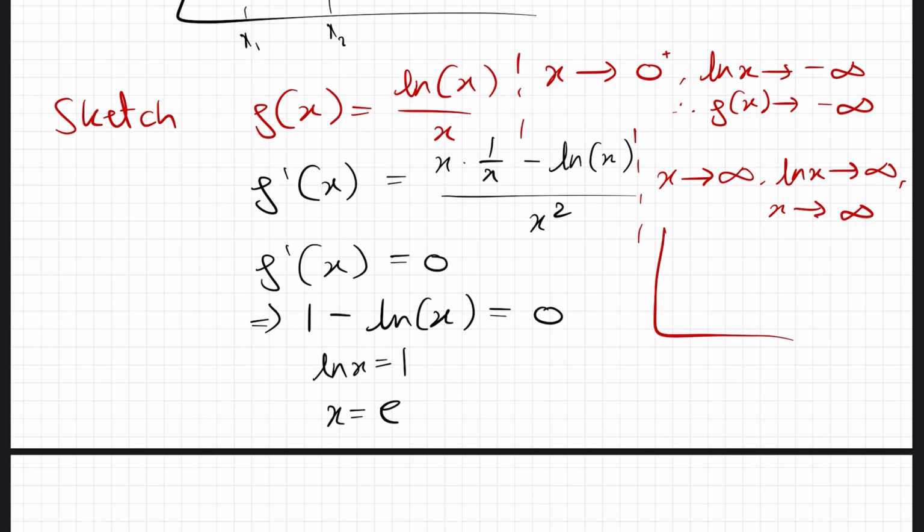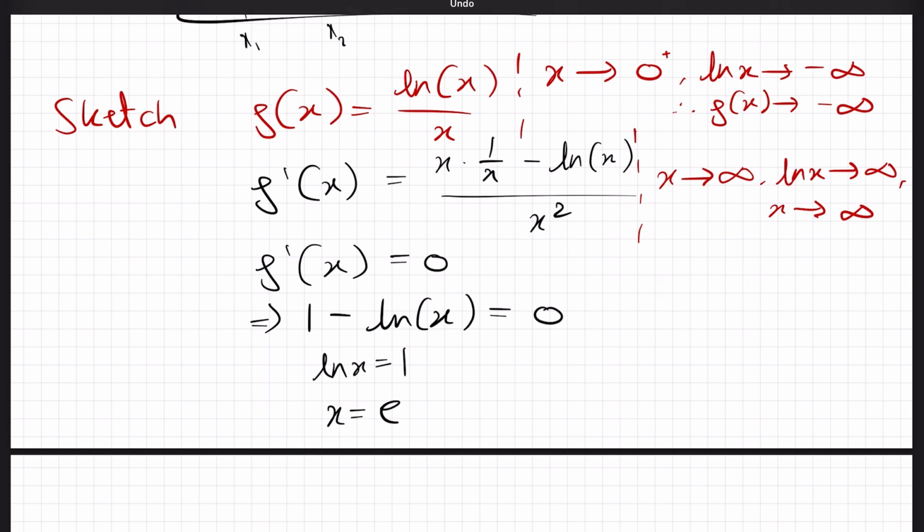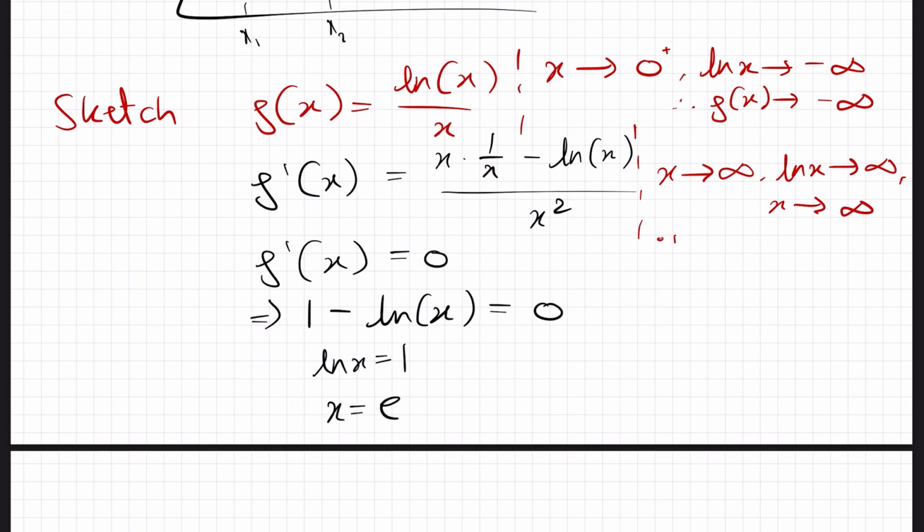You can see by the graph, this is going to be x, this can be ln x, so x is definitely going to be greater than ln x, even though they're both technically infinity. However, ln x increases much slower than x. Therefore, as x approaches infinity, f of x is going to approach 0, because we're going to get something like a much smaller infinity over a much larger infinity. So f of x approaches 0.